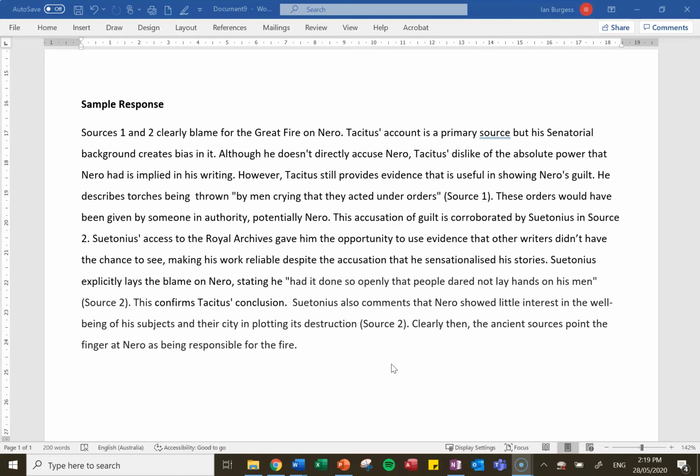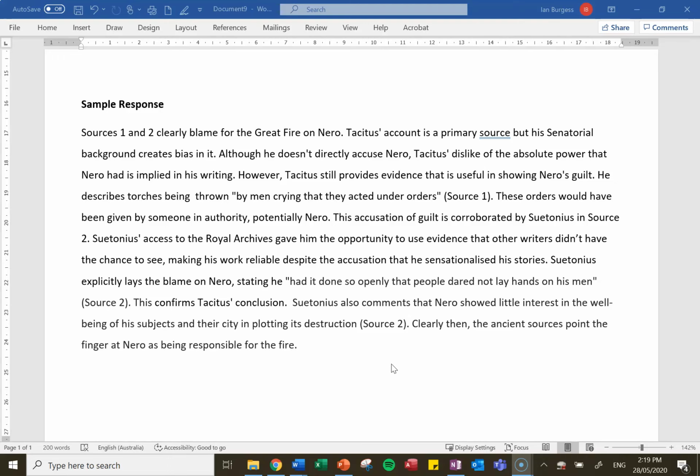This accusation of guilt is corroborated by Suetonius in source 2. So here I am building my case for the accuracy of the statement by using that word corroborated. So it's not just Tacitus, who we know there's an element of bias there that's saying it, it's also Suetonius.